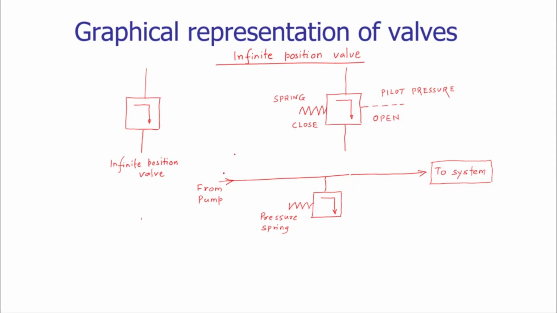We have to reduce the pressure of this particular flow line. To carry this out, we are using a pilot pressure which is part of the system pressure itself. We are getting a branch of flow line from the system, and that is connected to the valve itself. So this dotted line is the pilot pressure, and that pilot pressure is part of the system itself.